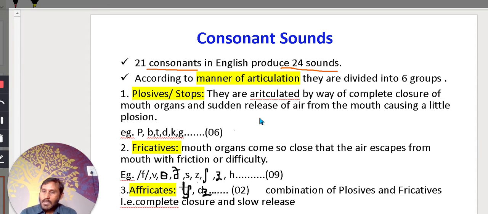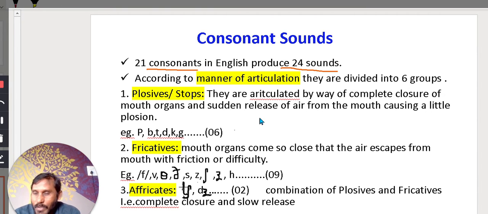Okay, depending on the manner of articulation. There is another video I'll make, that is depending on the place of articulation, whether being produced at this region, tongue region, backwards, here velar region, or here glottal region. I'm going to make another video because all things will get mixed up.